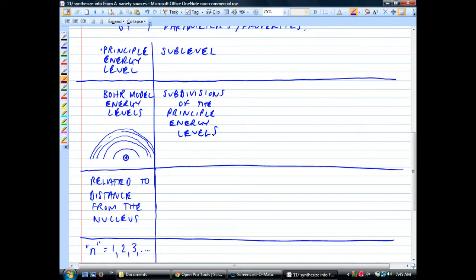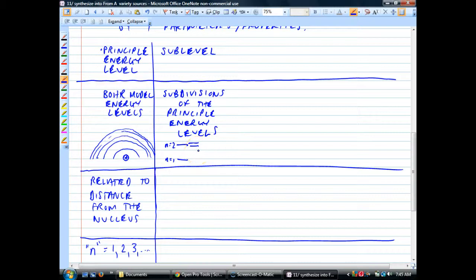You can think about it like this. Instead of them just being n equals 1 and n equals 2, what happens is the 2 is subdivided into sublevels that are closer to each other than they are to the next principal energy level.